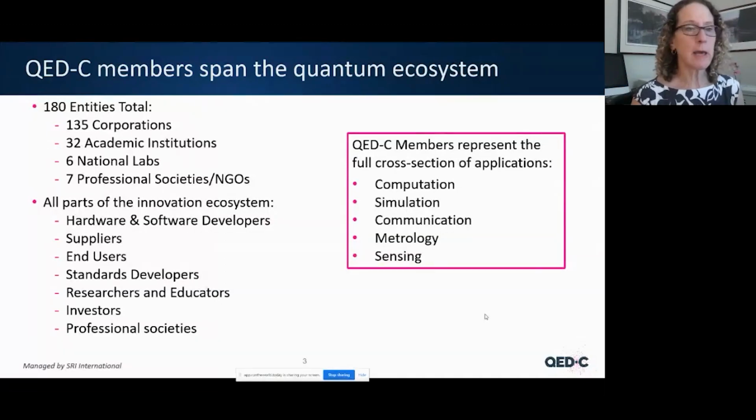And we have others like law firms that are interested in quantum patents, investors, professional societies, and so on. And also the other sort of dimension that we cover is the many applications of quantum. So we have companies that are interested in quantum computing, but also those that are interested in other applications in sensing, metrology, cybersecurity, communications, and so on.